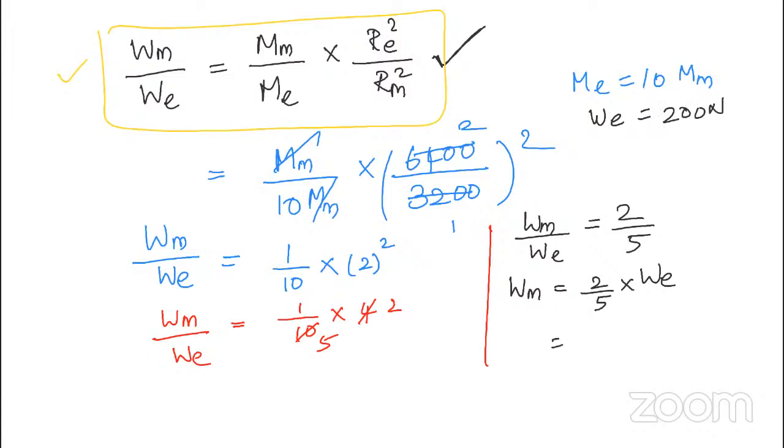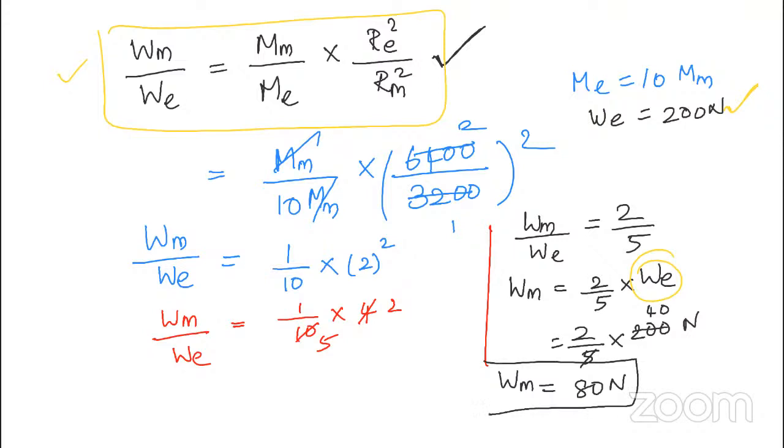Substituting, 2 by 5 into 200 Newton. Cancelling, it is 80 Newton. That is WM, the weight the planet Mars would have: 80 Newton.